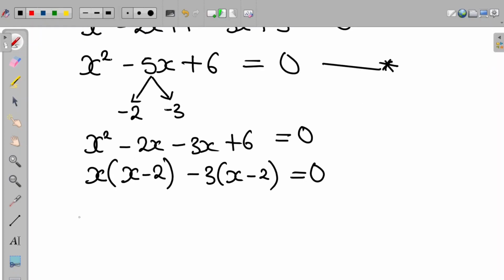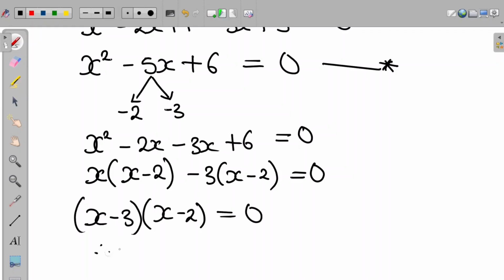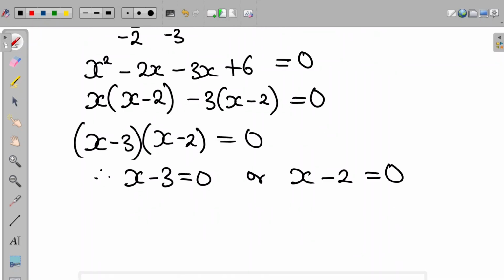So we have x minus 3 multiplied by x minus 2 is equal to 0. Therefore, x minus 3 is equal to 0, or x minus 2 is equal to 0. Thus, the roots of the quadratic equation give us x is equal to 3 or x is equal to 2.